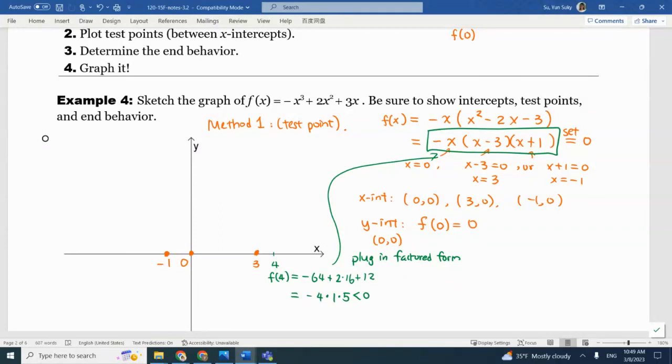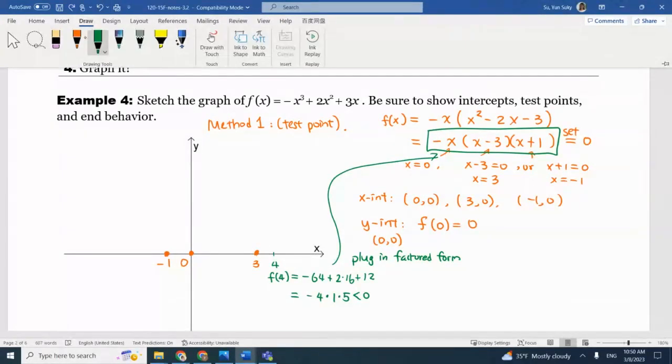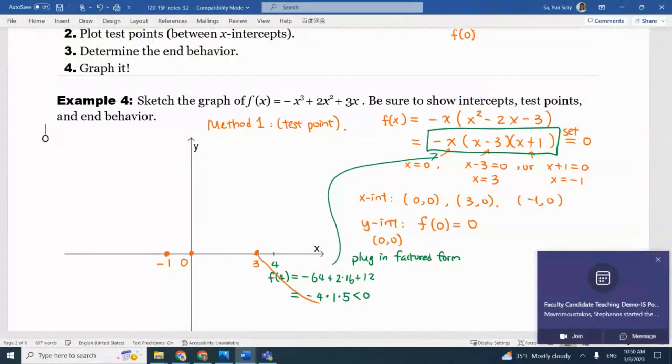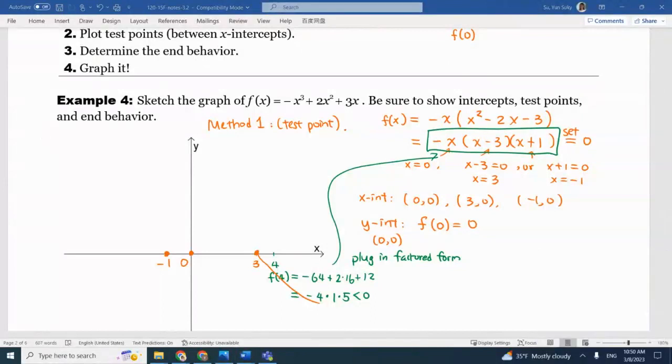So, therefore, negative. The graph looks like below. Okay? If it's negative, then it's below. Then do you see, in the factor form, you can tell right away. You don't need to use your calculator at all. Do you see that, everybody? So plug in the factor form. Don't plug in the original form.